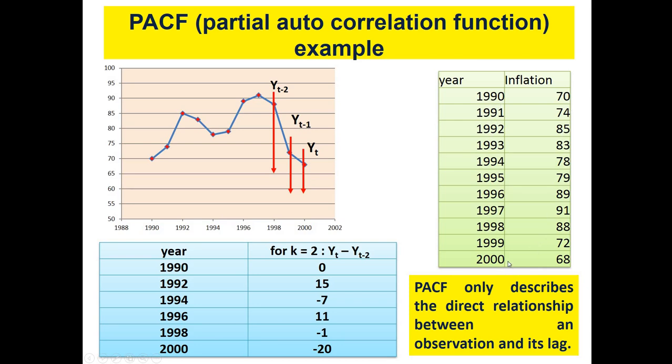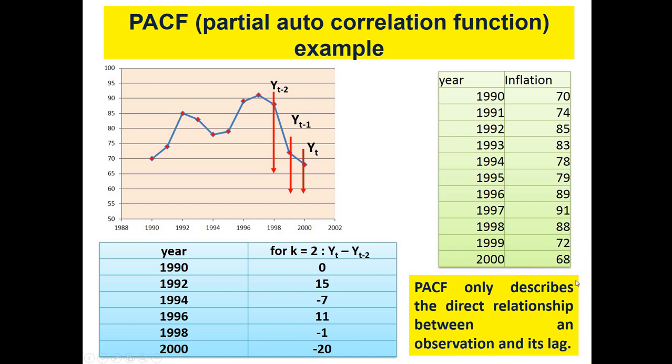You would like to predict the inflation for 2001. Now when we consider k is equal to 2, let's say with PACF, I said this is considering only the direct effects. So that means we are taking yt minus 2. That means you have to go back 2 times.